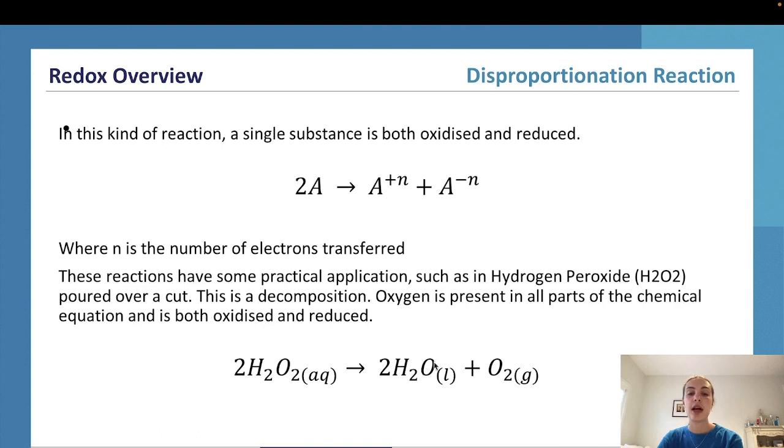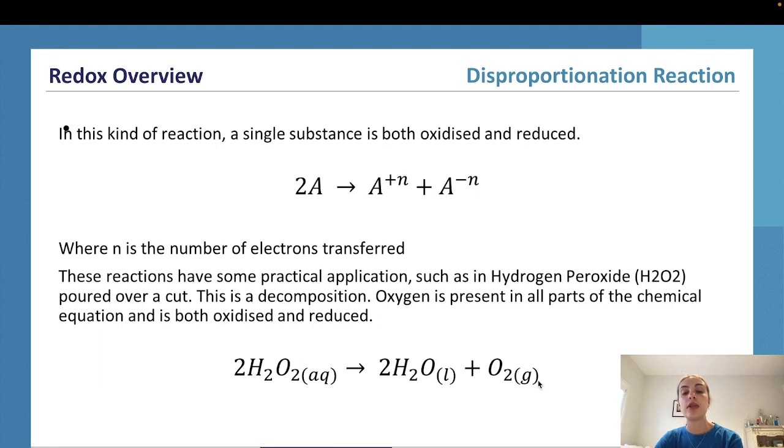But this oxygen atom has gone from a -1 charge to a -2 charge. Because it's gone from -1 to -2, we can say that it has gained an electron per oxygen atom.